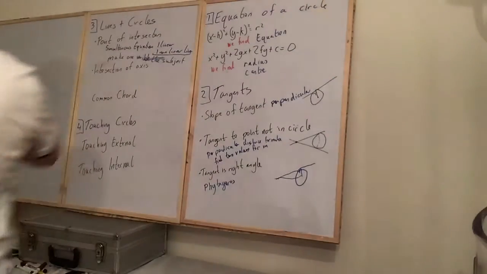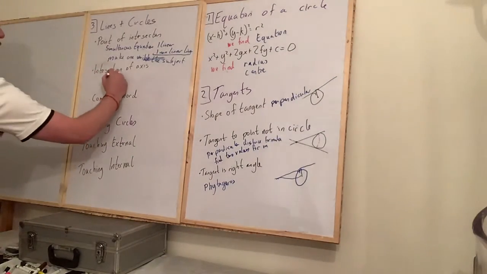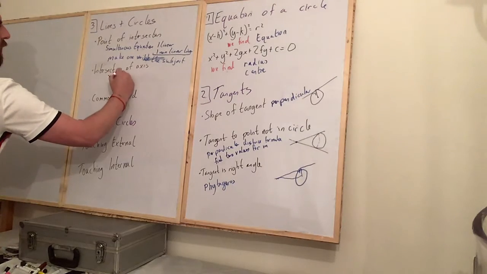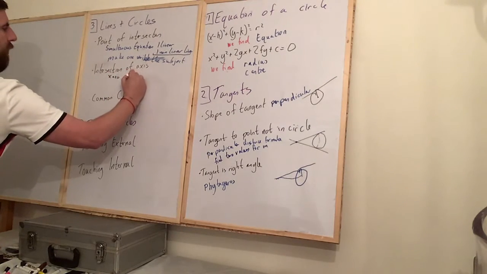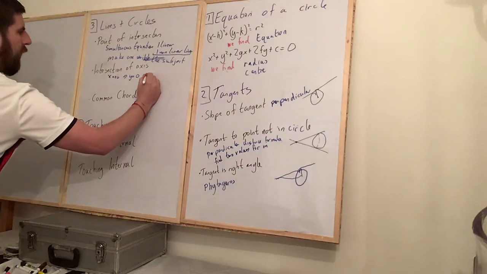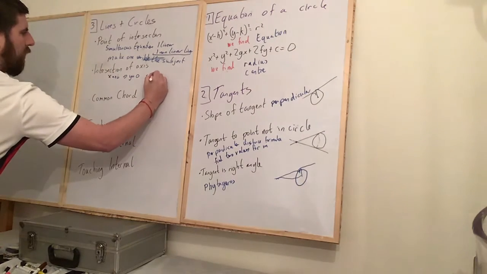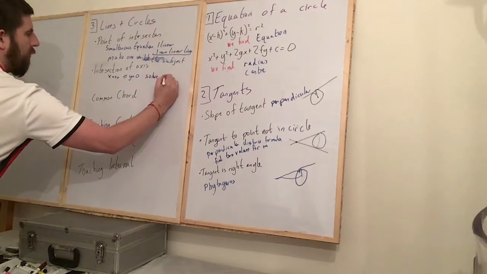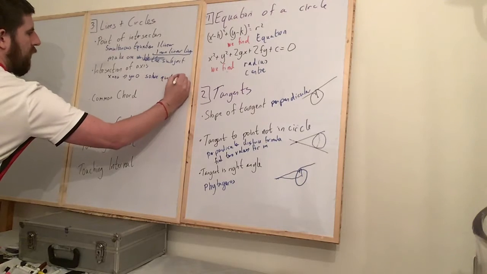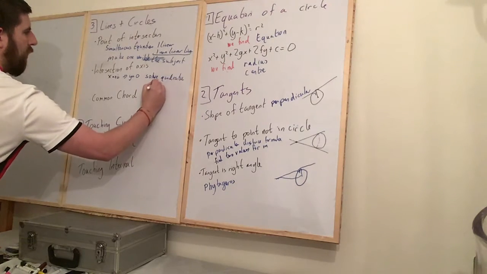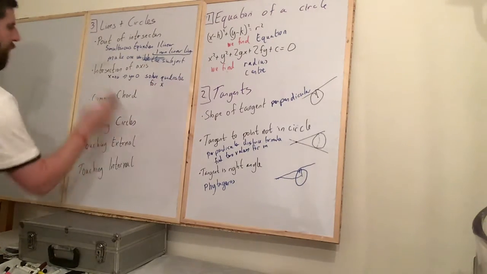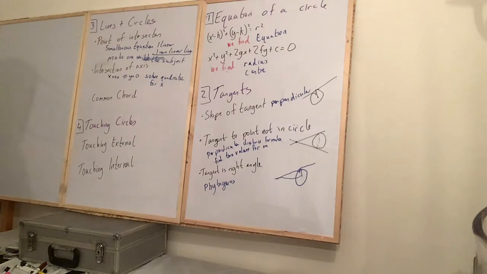So intersection of axes, if it was the x-axis, y value equals 0, and solve the quadratic for x.